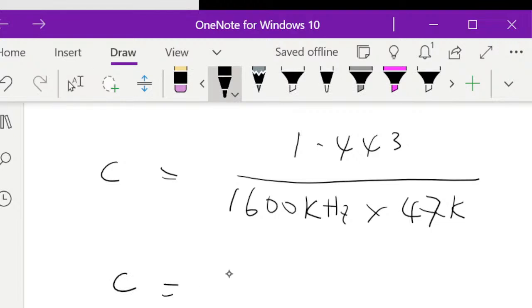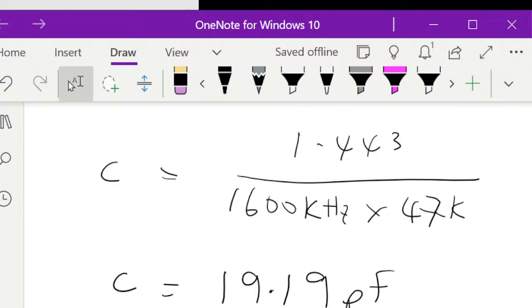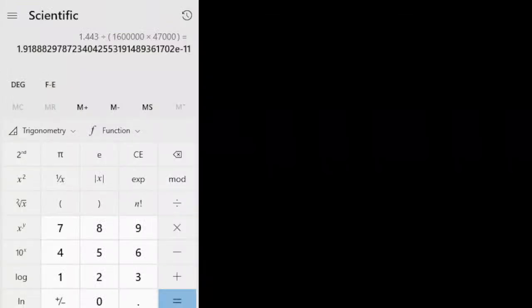So we go back here and say that C is equal to, okay, let's just call it 19, so 19 picofarads. Remember, the value actually is 1.91888 times 10 raised to power minus 11, right, according to our calculator. So we're gonna move one digit over to the right, and then we increment the number of negatives.